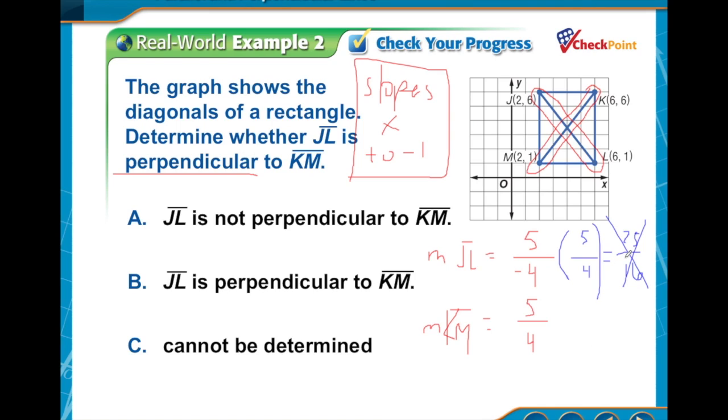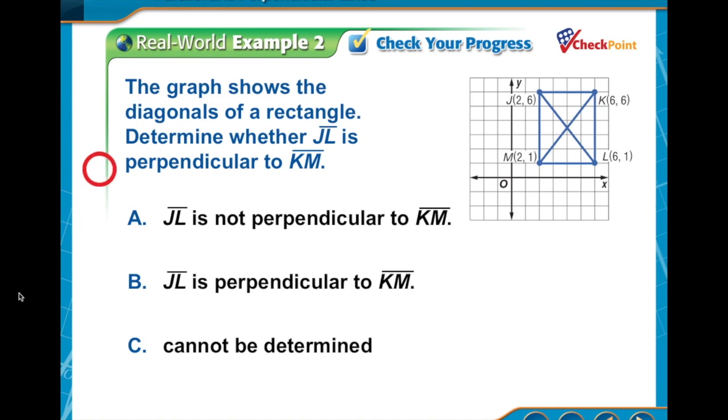So since that's not -1, we can say no, these are not perpendicular lines. Perpendicular, we know, has to multiply to exactly -1. So easily enough, the answer to this real context problem is that these two lines are definitely not perpendicular.